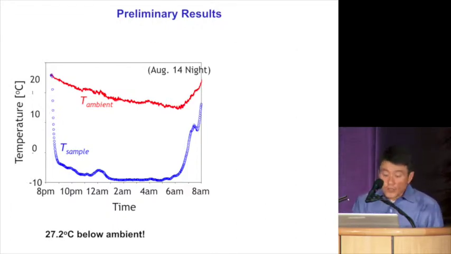Now, it will be interesting to compare this with the world record in radiative cooling that was set a long time ago. They were able to get a temperature reduction of about 32 degrees Celsius below ambient. But what they had to do is go up a particular mountain that has an extremely low dew point, and therefore the air is extremely dry.